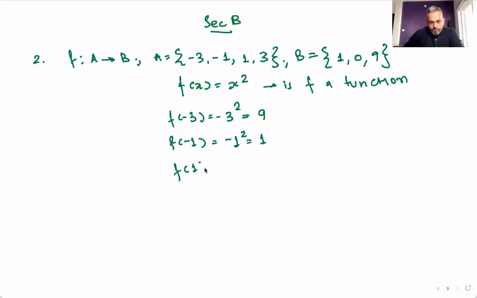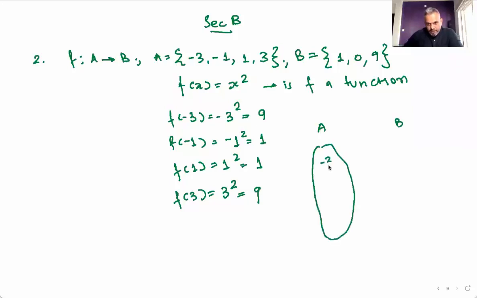F of 1 is 1 square, which is equal to 1. And f of 3, which is equal to 3 square, which is equal to 9. So if I draw a diagram of A and B, A has minus 3, minus 1, 1 and 3. B has 1, 0, 9.